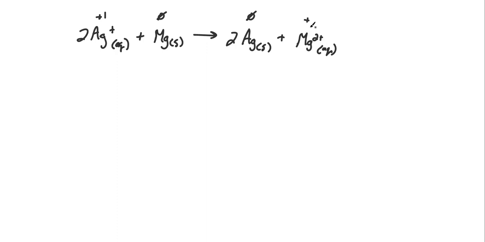That's right, the oxidation number with the charge in front, +2. So silver went from +1 to 0, so it gained an electron, so it means that it was reduced. Magnesium went from 0 to +2, it means it lost 2 electrons, means it was oxidized. Okay, so this is a redox reaction, and this can be used to drive a battery.